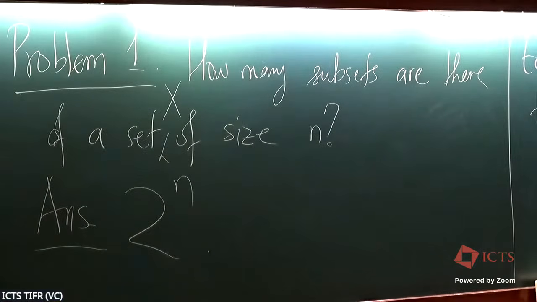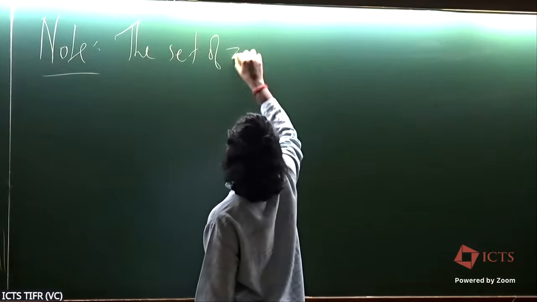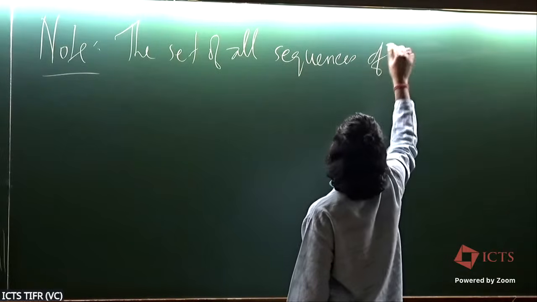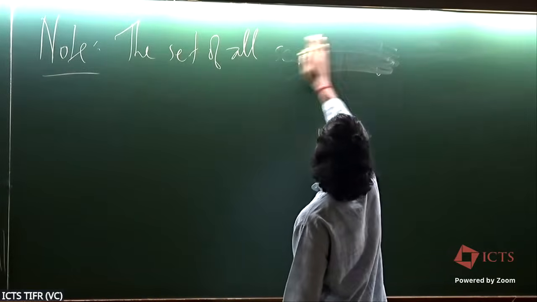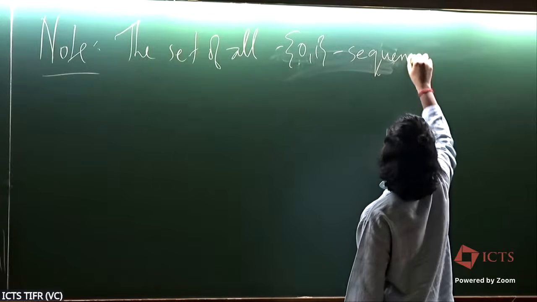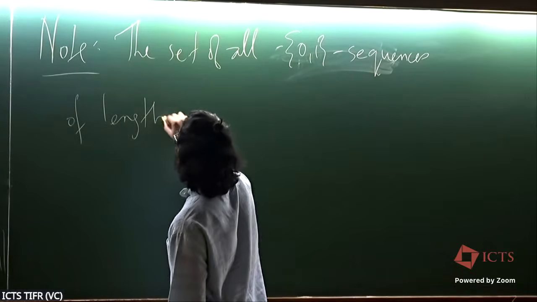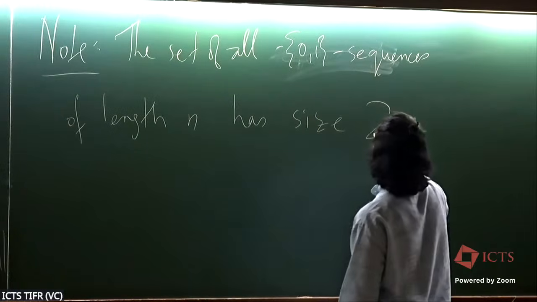So let me point out to you that the set of all 0, 1 sequences of length n also has size 2 to the power n.